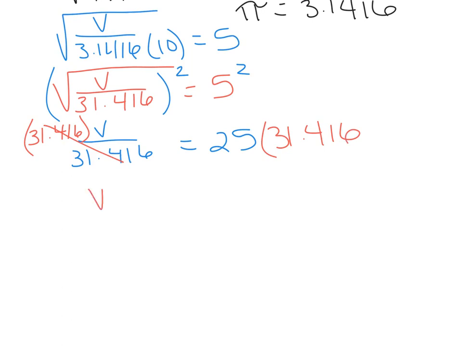So I've isolated my V. And of course, you can use a calculator for this. I think that comes out to be 785.4, and since it's volume, the units were centimeters, this will be cubic centimeters or centimeters cubed.